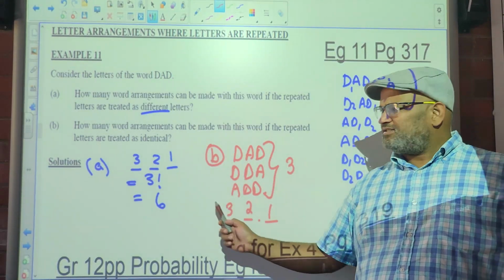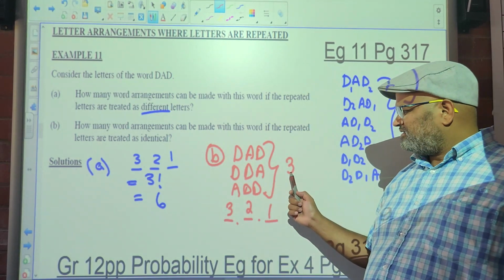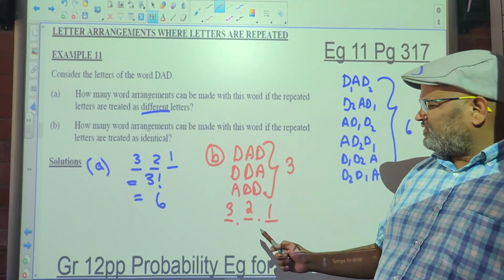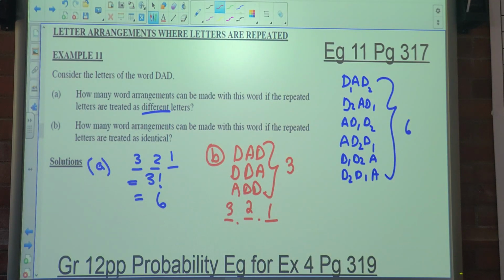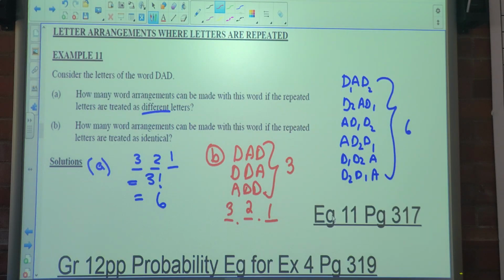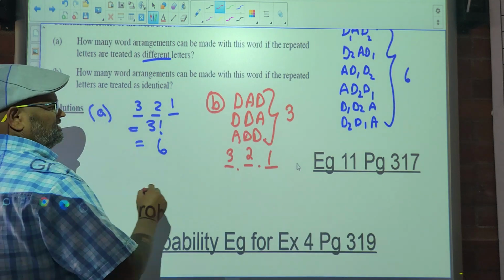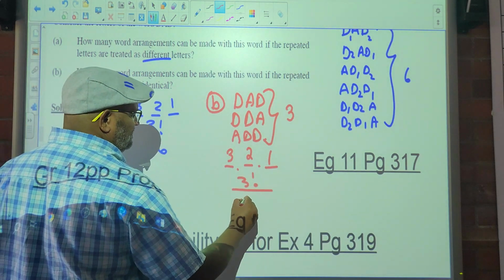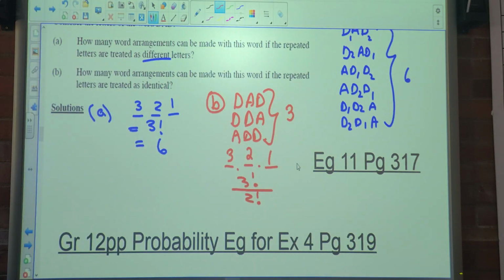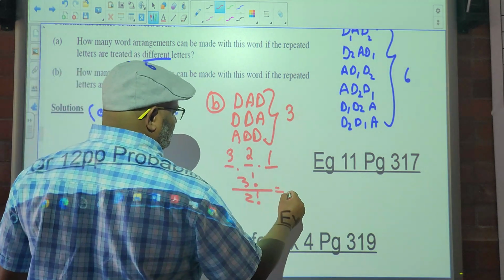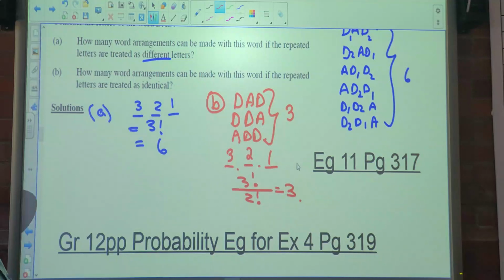And 3 factorial is 6. But yeah, I got 3. So how are you going to get from 6 to 3? You're going to divide, yes, by 2. So it's going to be 3 factorial divided by 2 factorial. And 3 factorial divided by 2 factorial is 3.